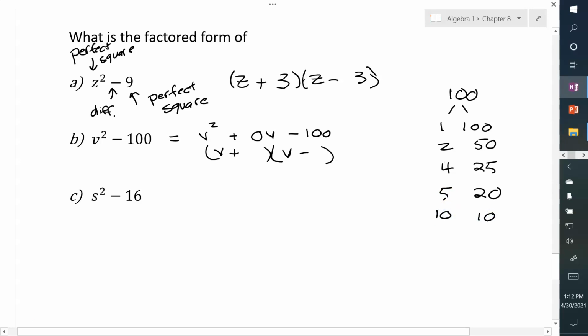And then it starts repeating. So I need factors with opposite signs that add to 0. So I can do a negative 10 and a positive 10. That equals 0. Either way works for me.